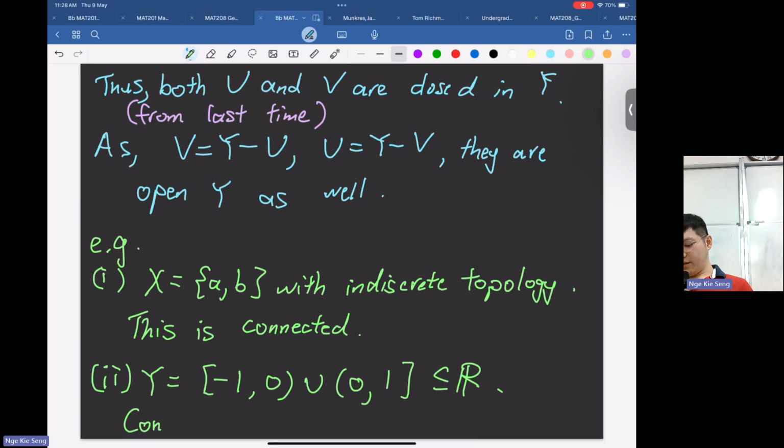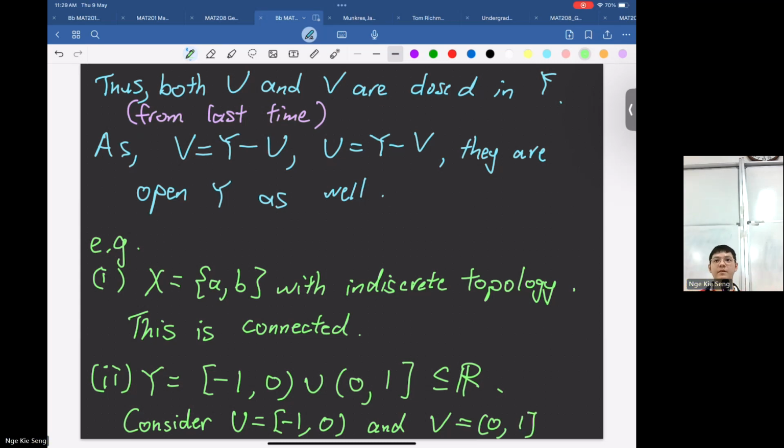Yeah, so you simply consider the interval U equal to half closed at -1 and open at 0, and V to be open at 0, closed at 1. Then Y equals U union V. These two sets are open in the subspace topology, but not open in the whole space. That's okay, because we are considering connectedness in the subspace topology sense.